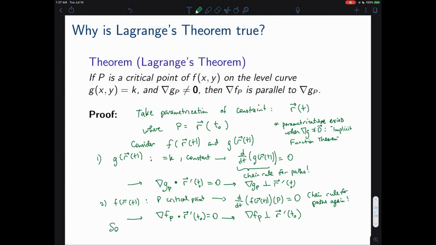Here's r', and these other two vectors are perpendicular to it. That means that they have to be parallel. They have to point in the same direction. And that's it. That's the reason why Lagrange's theorem is true. I really wanted to emphasize how the chain rule for paths plays a key role in this proof.